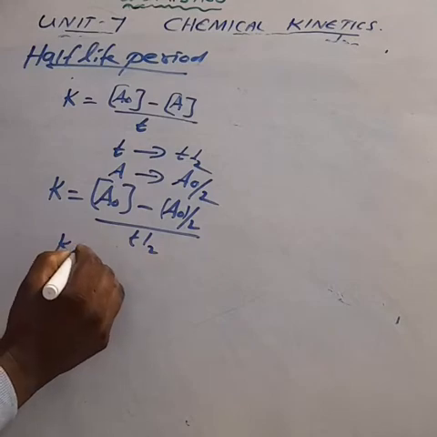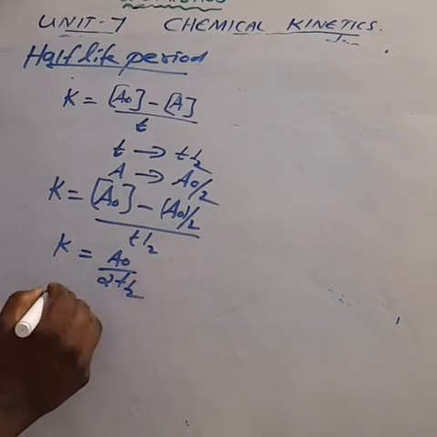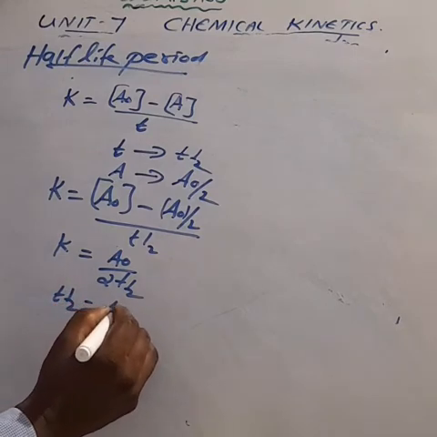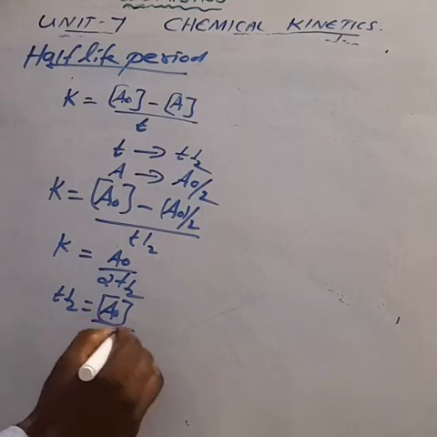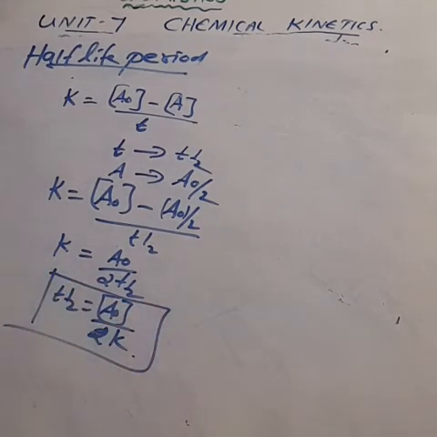So T half is equal to A naught divided by 2K. Hence, in contrast to the half-life of a first order reaction, the half-life of a zero order reaction is directly proportional to the initial concentration of the reactant. This you have to learn, okay? This is another important area.